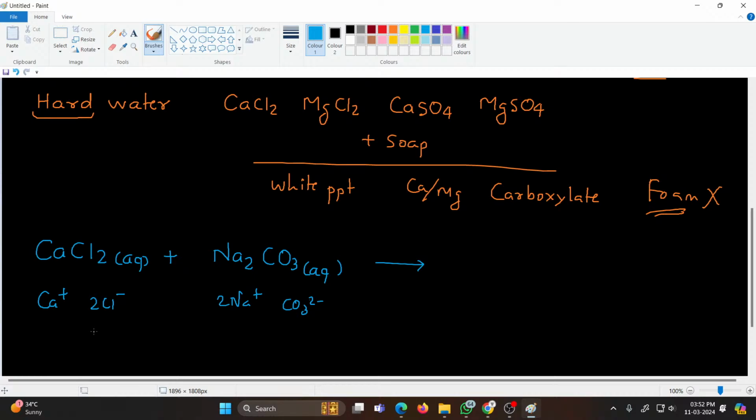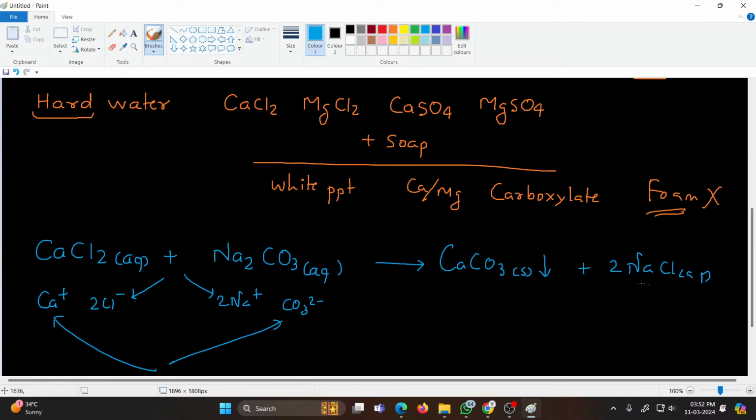There is exchange of ions, so calcium reacts with the carbonate and sodium with the chlorine, and the products of the reaction are calcium carbonate, which is insoluble in water, so it comes out of water as a precipitate, and soluble sodium chloride remains in the water.